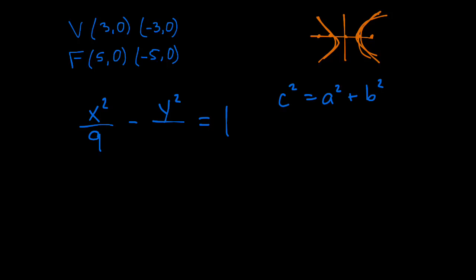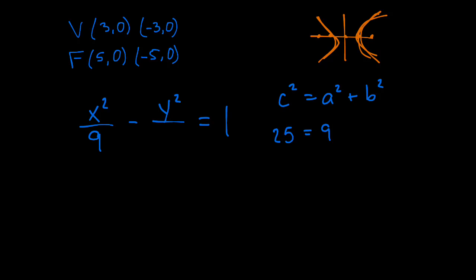So in this case, that's 5, right? Distance out to the foci is 5, so c is 5, so c squared is 25.